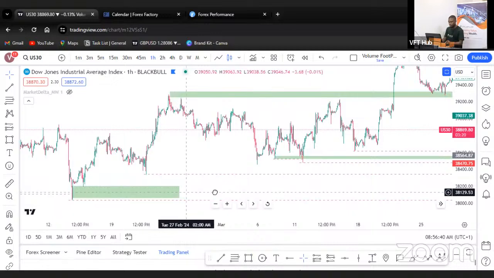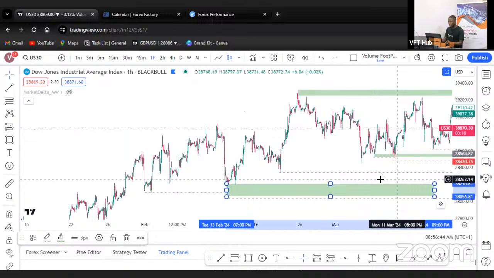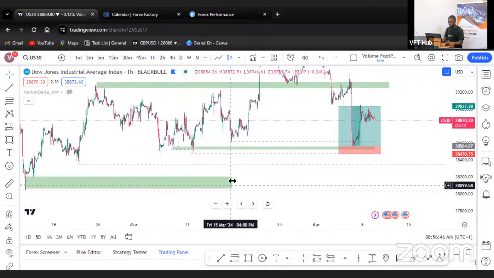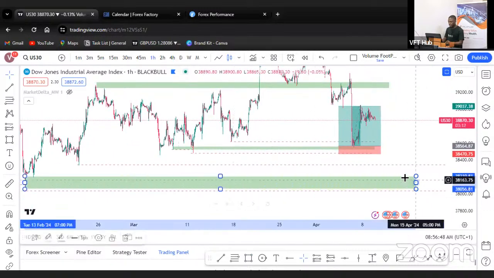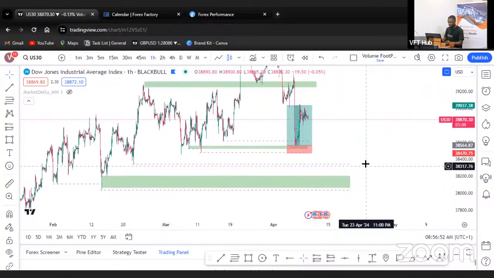I'm safe. If you are trading S&P 500 or indices in general, and you're looking for a 10 pip stop, 5 pip stop, I bet you it might be very hard. Before you see Jack Robinson, your SL is gone.